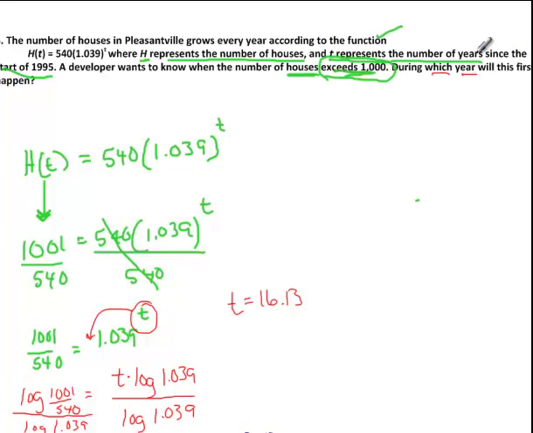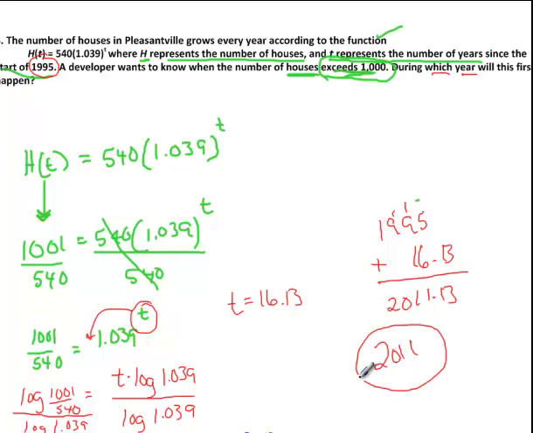Well, years since 1995. So I take 1995 and I add on 16.13. So in the year 2011, I'll have 1,001 houses.